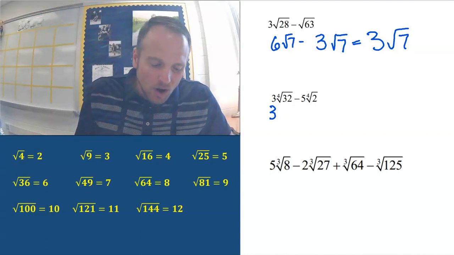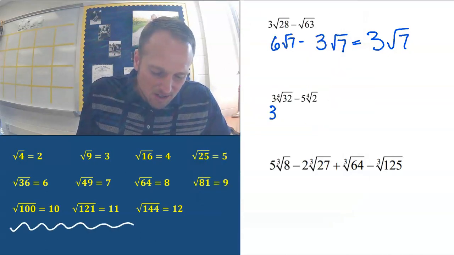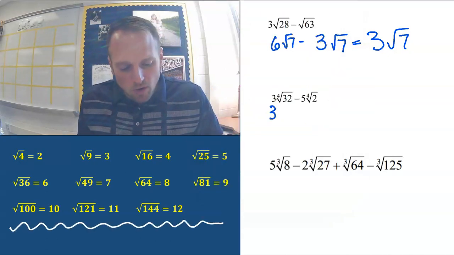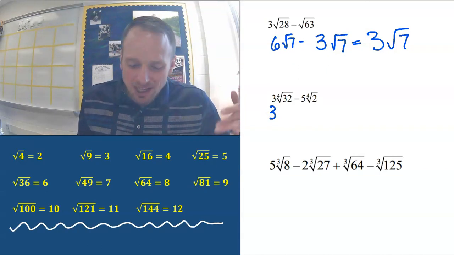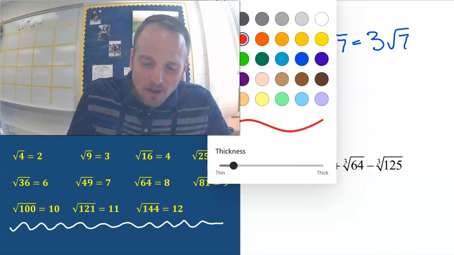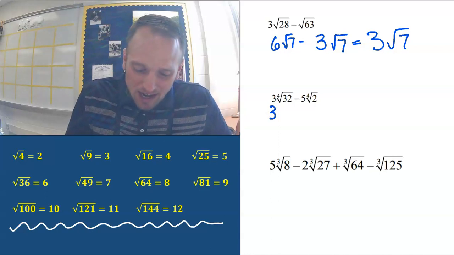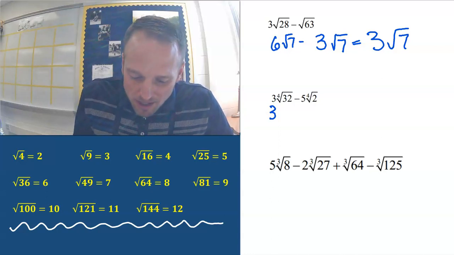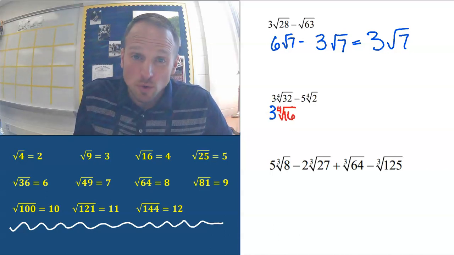Well, our chart over here is not necessarily going to help us because all of those are square roots. So you're going to have to really think for this one. I know that the fourth root of 16 is a perfect root.